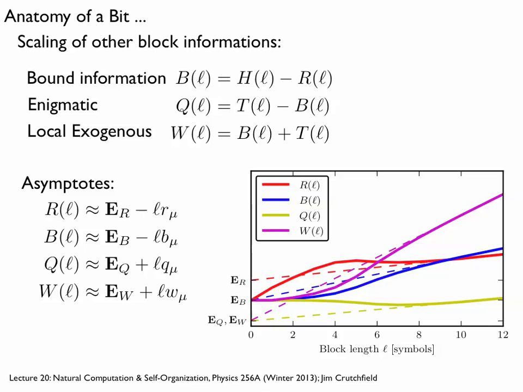Here's the calculation of these block informations. They're more complicated, right? Total correlation and block entropy were nice: concave up or concave down, monotone increasing or decreasing. Here, the slopes are changing and so on, so they're a little more complicated in their behavior, and you might just say, well, look, you're taking all these sums and differences.